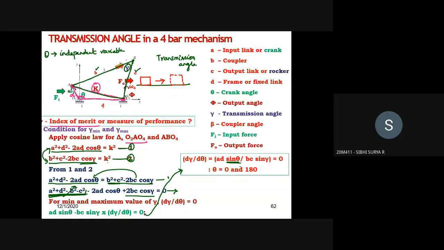Sir, gamma is also 0. Leave gamma, we are finding gamma. Now, if we substitute a value for theta, this equation becomes 0. Since it is in sin, we can put sin 0 or sin 180, so that the whole equation will be 0. For this, you will be getting two conditions: theta will be 0 or theta will be 180.